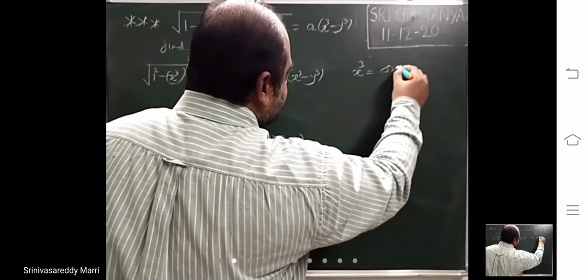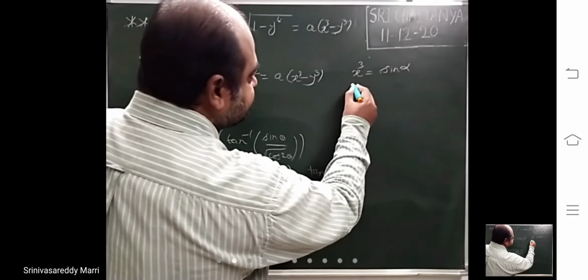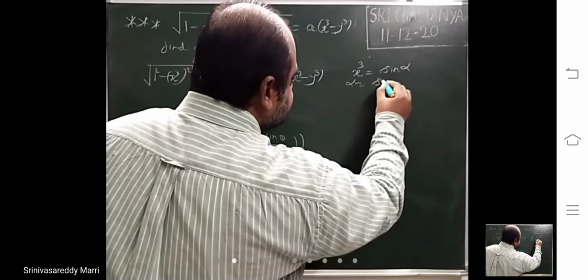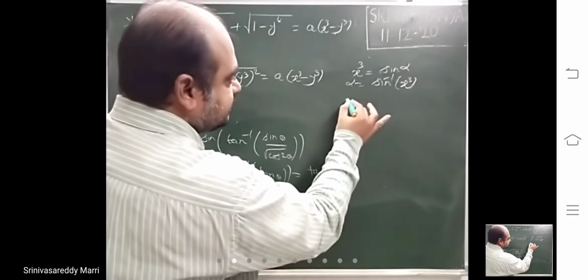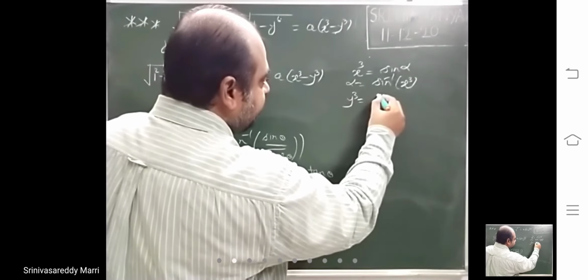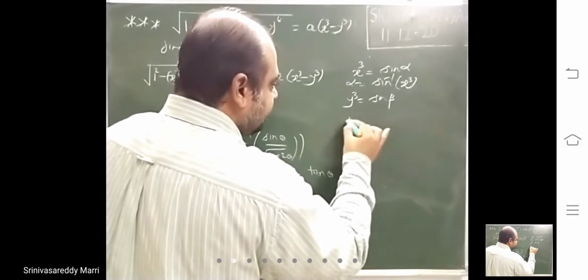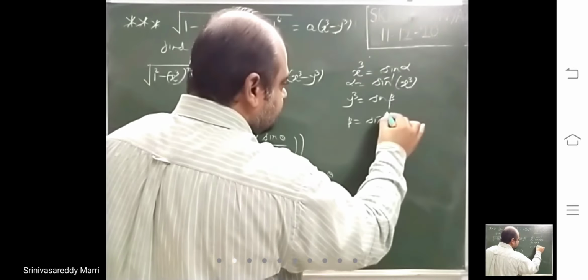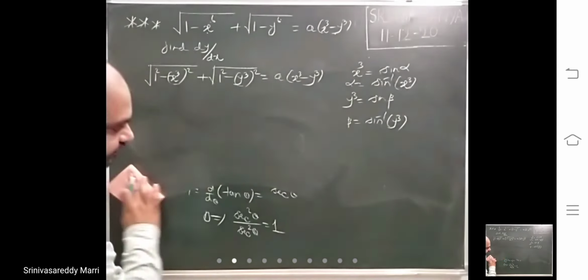I am taking x cube equal to sin alpha as substitution, one angle. That means alpha is nothing but, finally you have to replace, sin inverse x cube. y cube I will take the substitution sin beta. That means beta, finally we will replace sin inverse y cube.